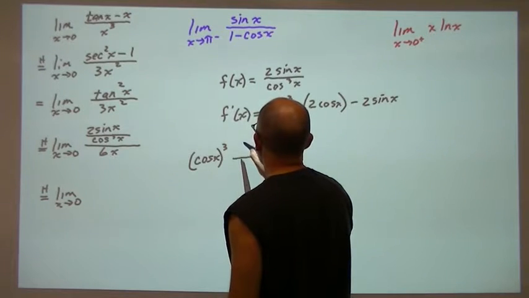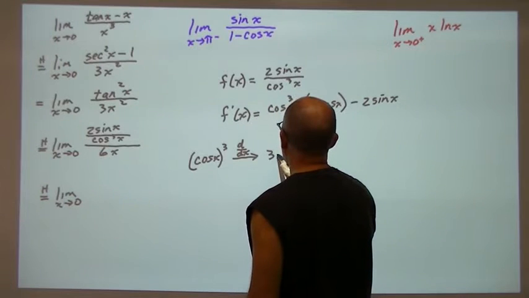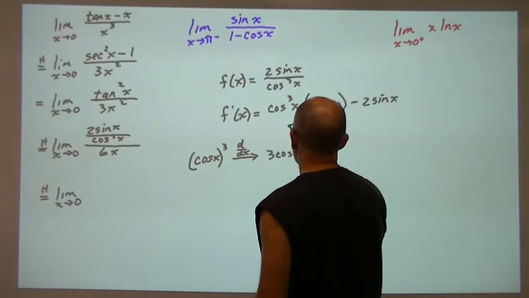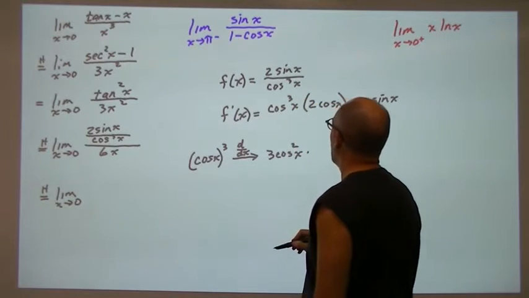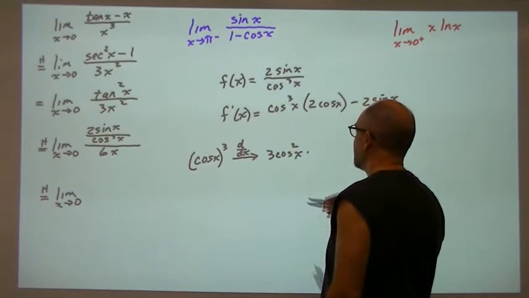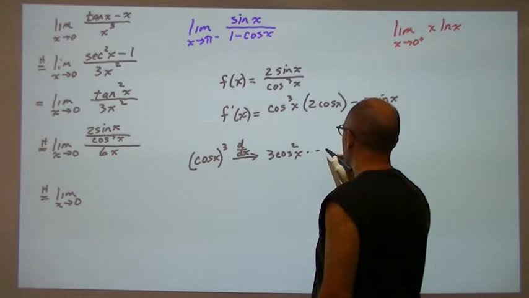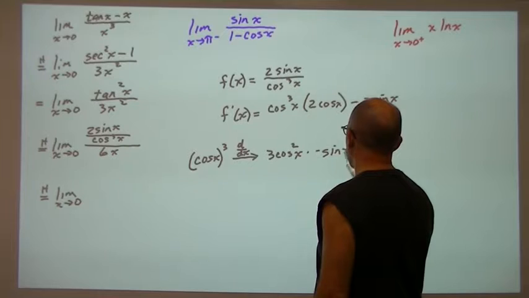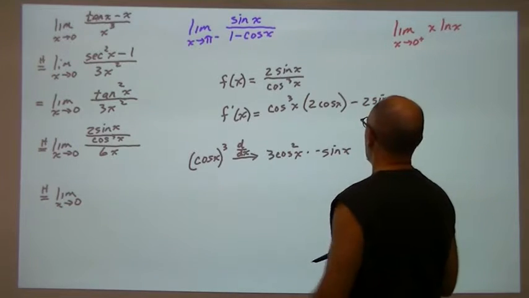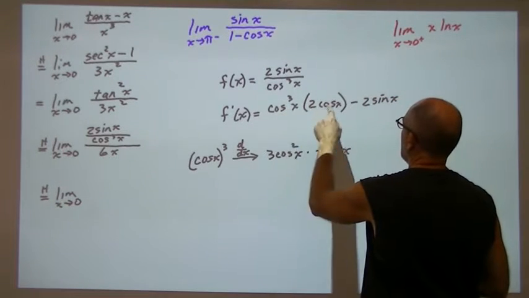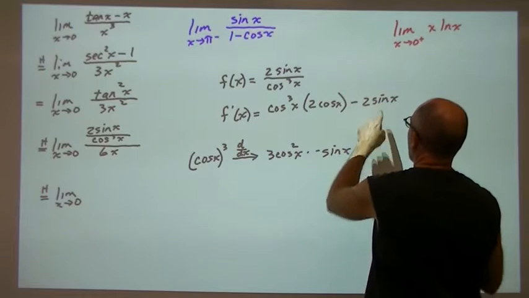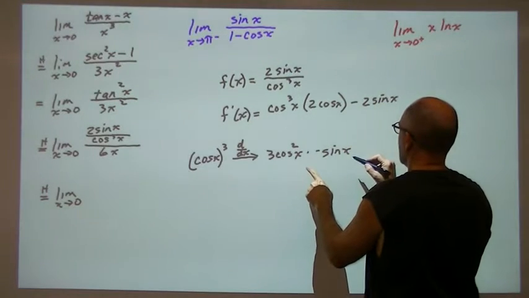We're going to take the derivative, and you end up with 3 cosine x to the second times the derivative of the inside, which is negative sine x. Okay, so low d high minus high d low.